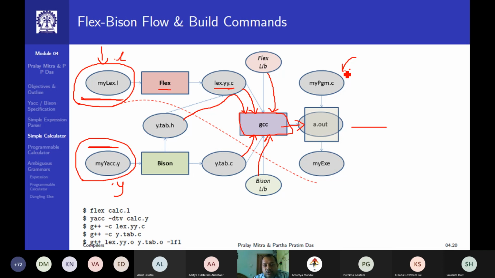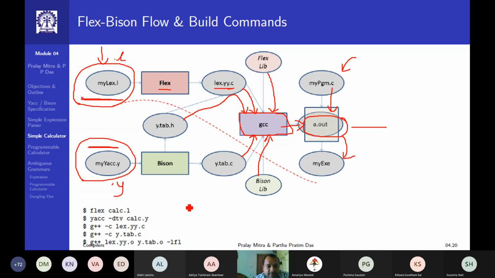Following that, if there is a source code, it will be taken as input by this executable file a.out, which you can run to generate the result.